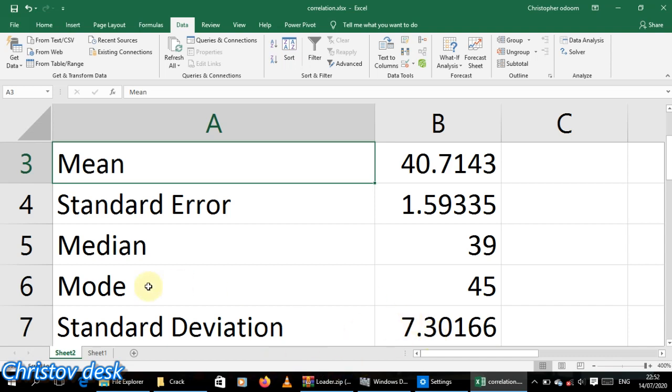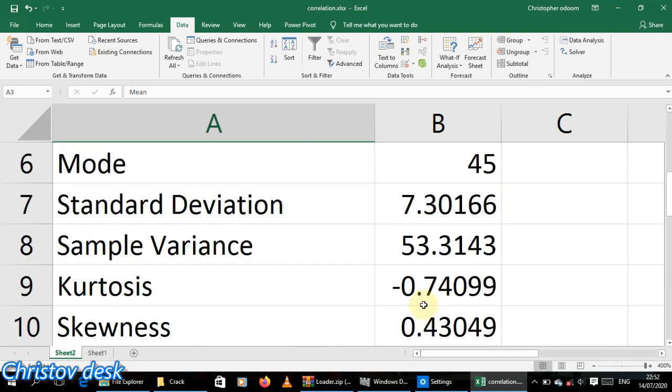The mode is also given. The mode means a lot of people have a shoe size of 45, and the median, the middle shoe size, is 39. We have the sample variance, which is the variance when we pick a sample.